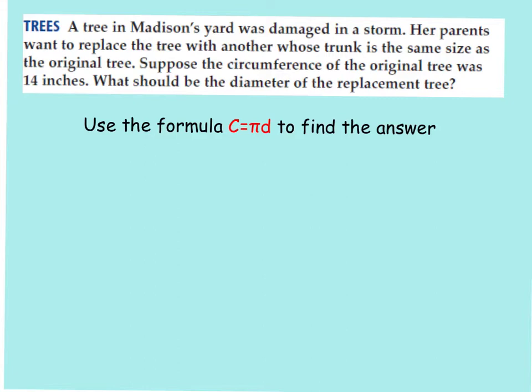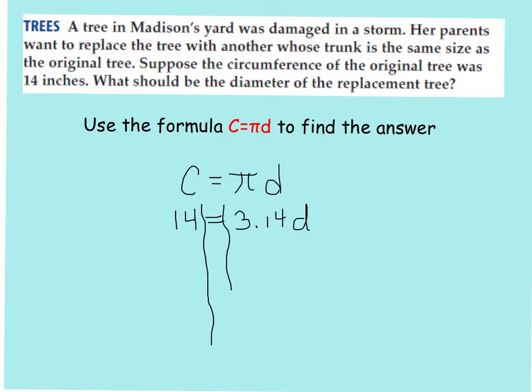So let's go ahead and take our formula, circumference equals pi times the diameter, and plug in what we know. We know that the circumference of the tree was 14 inches, so let's put 14 for the circumference. We also know that pi is equal to 3.14. The only thing we don't know is the diameter. This sure looks like a river problem to me. Let's go ahead and solve for the diameter.